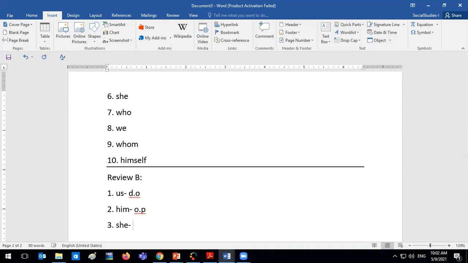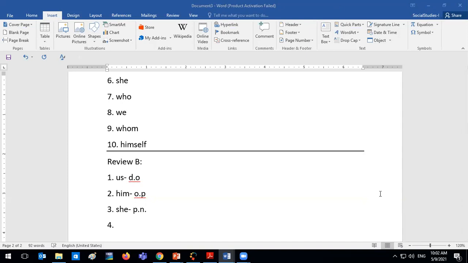Try again. If we rephrase the sentence, it would be a linking verb. It comes after a linking verb, so it has to be what? Predicate nominative. Great. Thanks, Hannah.